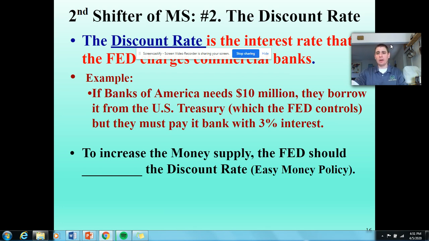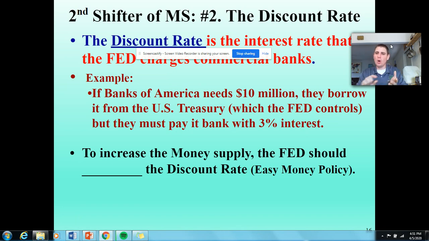Well, no, I don't want to loan out all of my money in excess reserves because I have to pay a very steep penalty, that discount rate, right? If it's 50%. So to increase the money supply, to cause banks to want to issue more loans, are you going to make that interest rate, that discount rate, scary or not very scary? Well, not very scary, right?